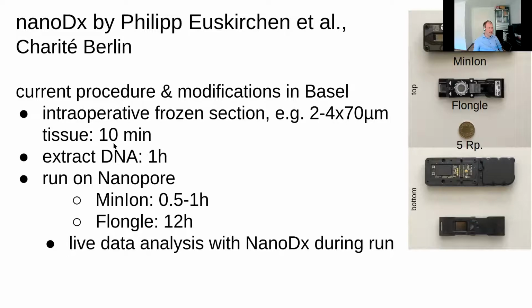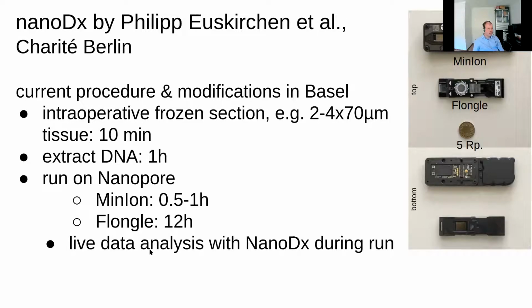We extract the DNA with a commercial kit, and then we subject that DNA to direct sequencing on these devices. If you use a MinION device for a typical brain tumor, 1 hour of sequencing is sufficient. It can even go down to half an hour if you increase the amount of DNA.